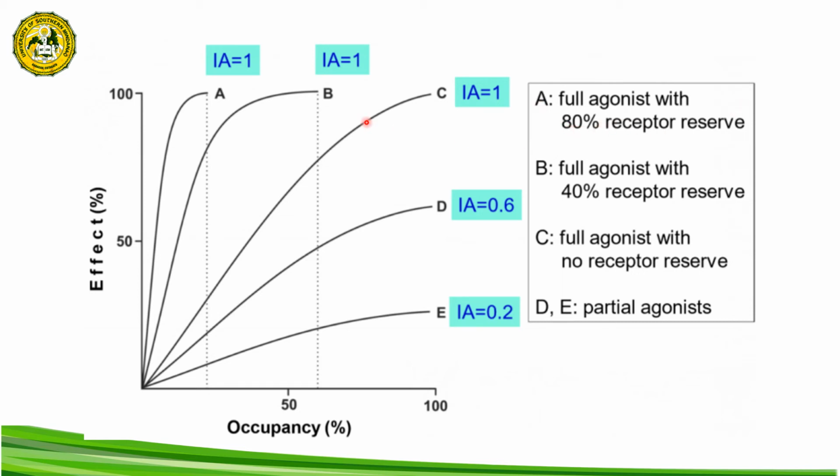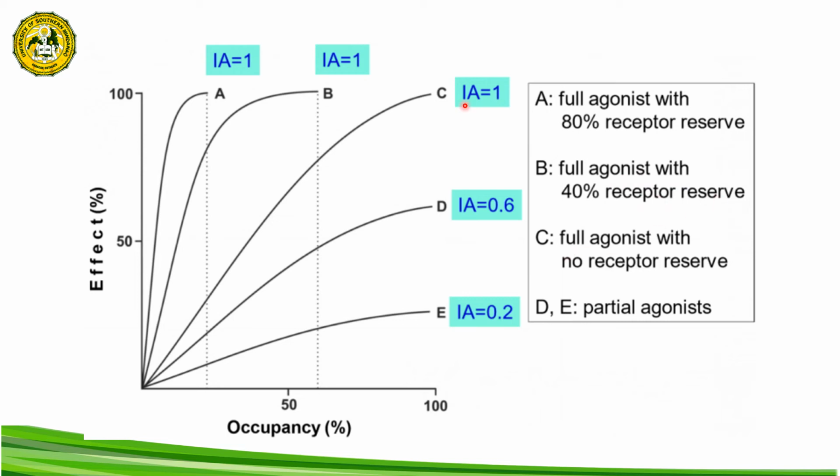Drug B was able to achieve maximum efficacy at 60% occupancy rate, meaning that the remaining 40% of its receptors are unoccupied. So B is considered to be a full agonist with 40% receptor reserve.